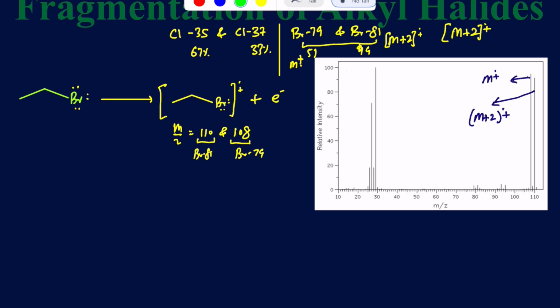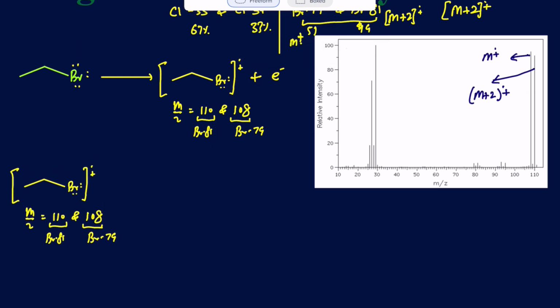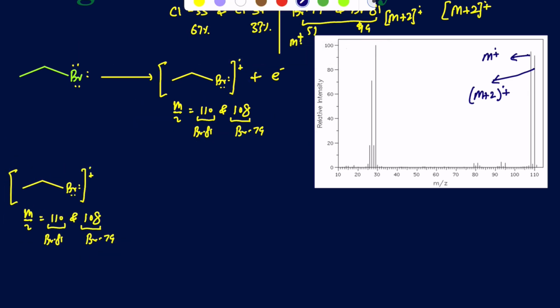Now, one of the most common fragmentations that these alkyl halides do, and that applies to chlorine and iodine as well, is breaking the carbon-halogen bond. When I break the carbon-bromine bond, we typically get a bromine radical and an ethyl carbocation.